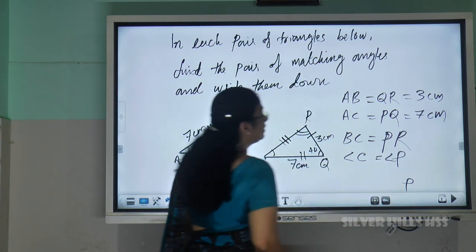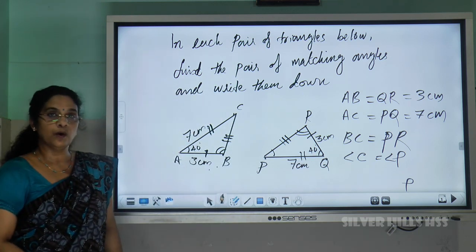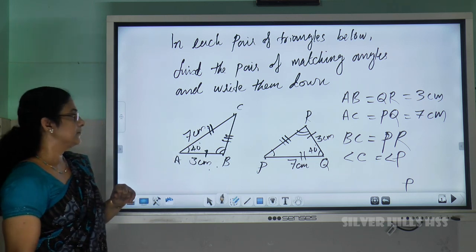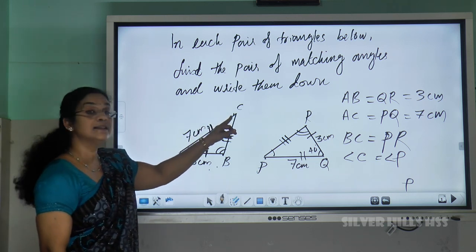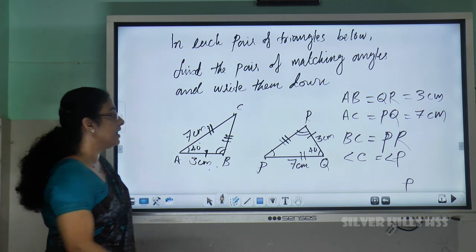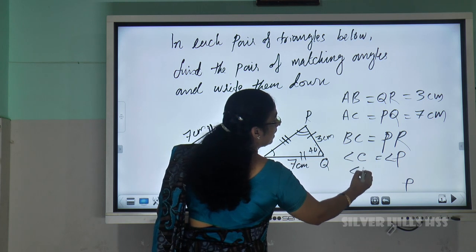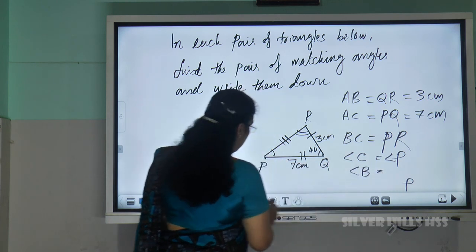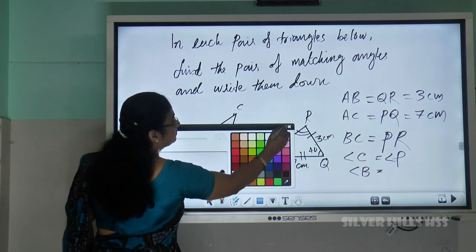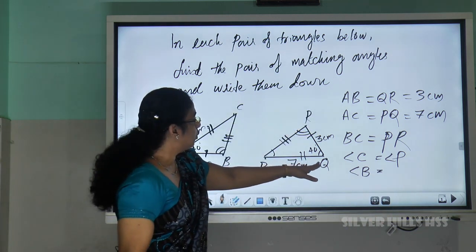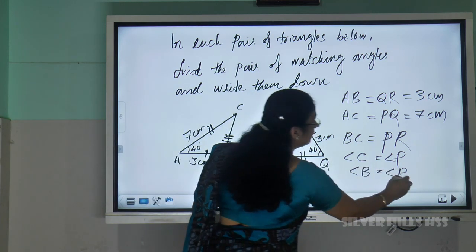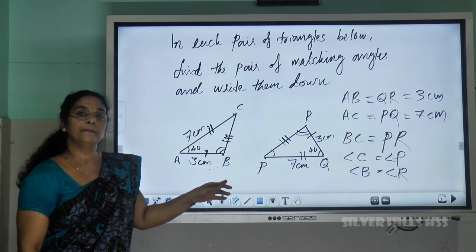Next we take the second side. The second side is AC in triangle ABC. Opposite of AC is angle B. And opposite of PQ is angle R in triangle PQR.